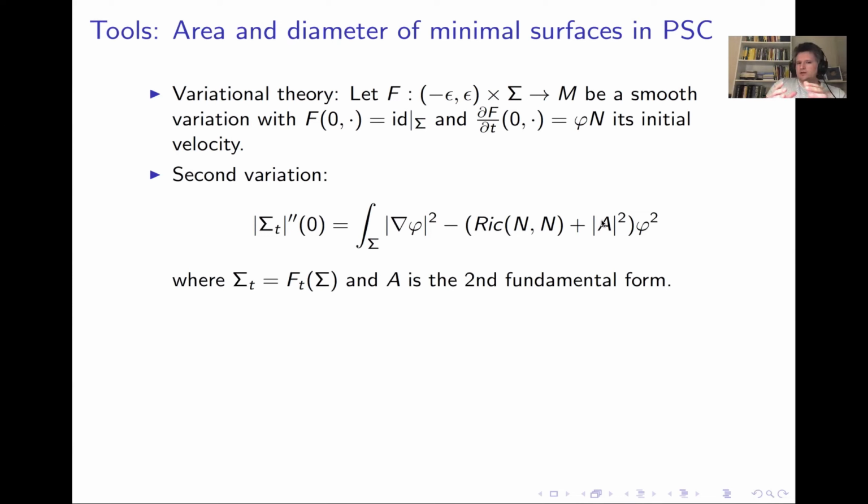So you can see this, if you never looked at this expression before, as a natural extension of the calculation along geodesics. When we have a geodesic along a manifold and you look at the second variation of energy, you similarly get a square term of a derivative, and then minus a curvature term.